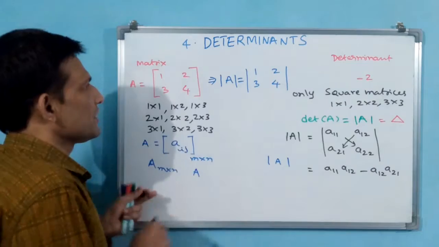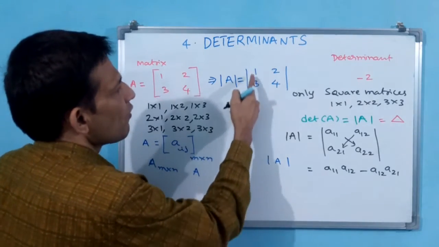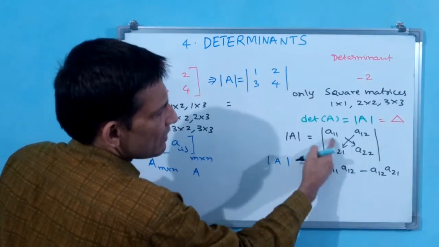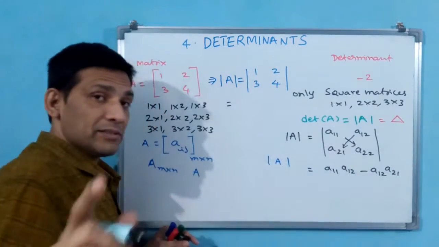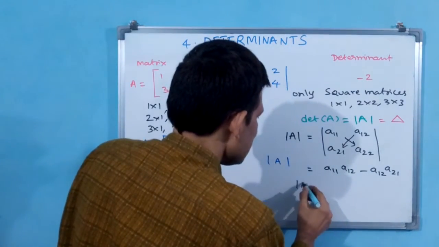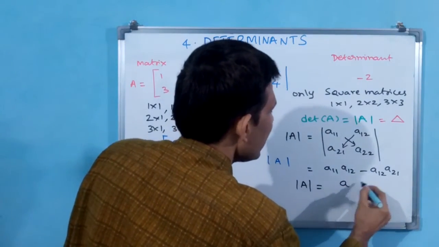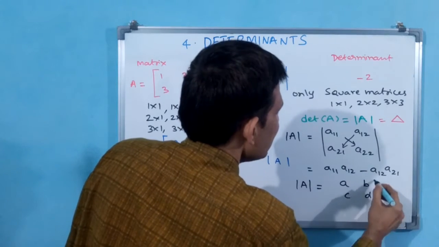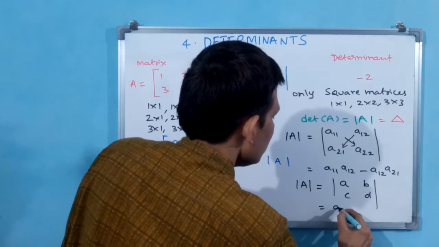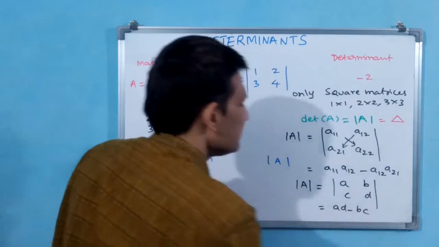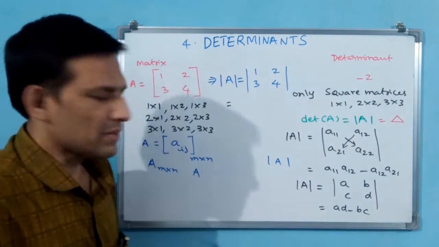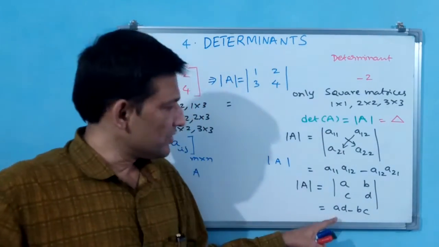You see what I am doing now? Simply you do like this: A, B, C, D is equal to AD minus BC. Because remembering this is very easy.